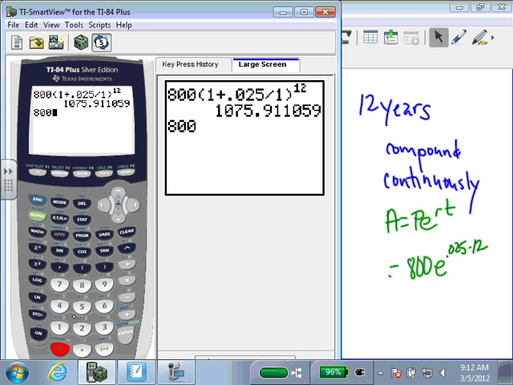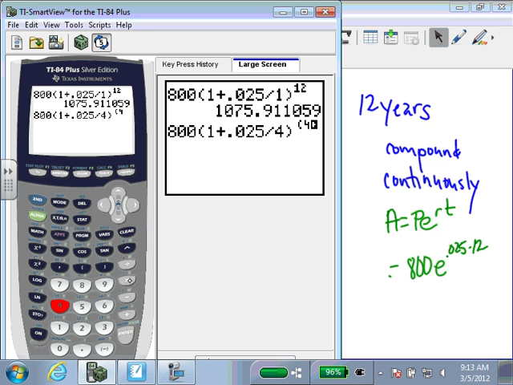For our compound quarterly, we're dividing our rate by 4 and then raising it to the, now if I can do 4 times 12 in my head, I don't need parentheses, but let's assume I can't.